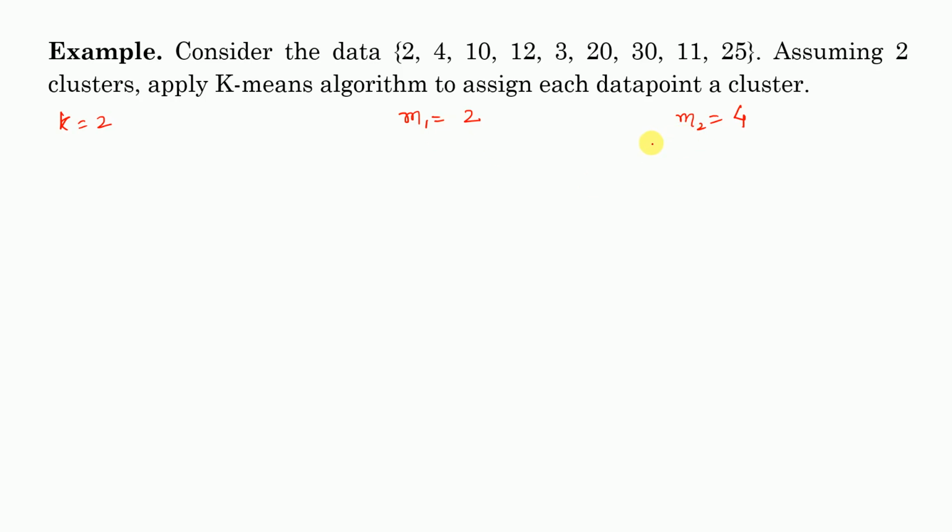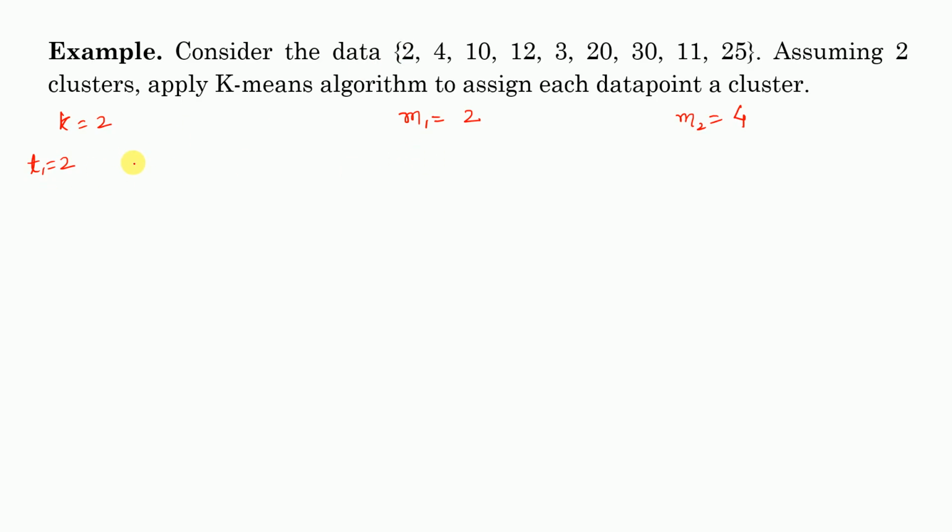Now what do I have to do? I have to calculate the distance of every point from this center mean and from that center mean. So start with the point t1 equal to 2. The distance of 2 from 2 is 0.